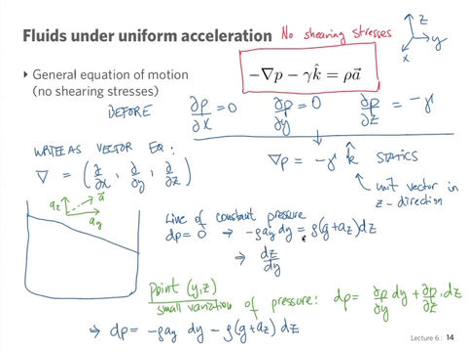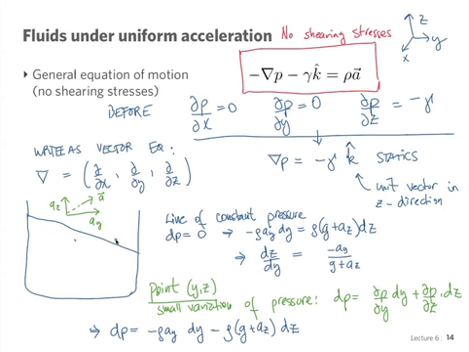I can just rearrange these things a little bit. dz/dy is equal to minus a_y divided by g plus a_z, since rho cancels out. So this indicates that the actual line of constant pressure is a slanted line, which is this line that I've drawn here.